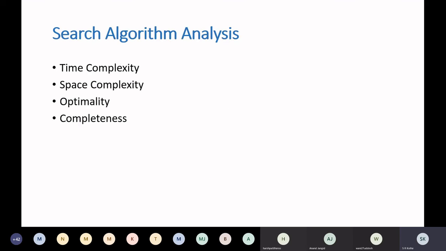And therefore we will be discussing 3 search techniques in this unit 2, and before discussing those, we are going to discuss how you are going to analyze all the search techniques. Analysis means you will have to compare those search techniques along certain parameters. The first parameter is time complexity.